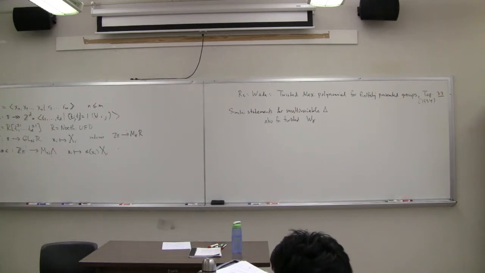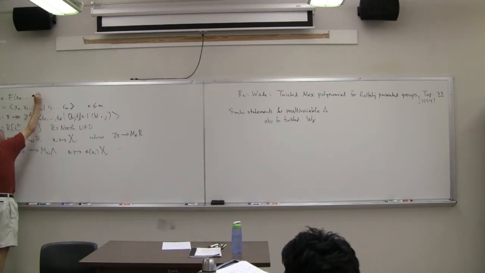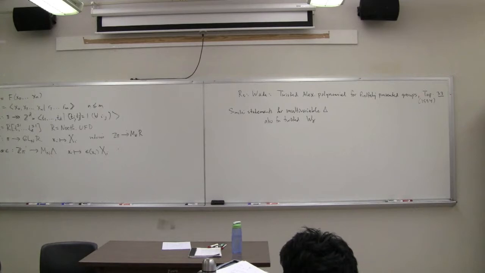And now you've got a free group. I'm going to use F today for the free group on x0 up to xn. And you've got a projection from the free group F to pi, just quotient out by the relations.